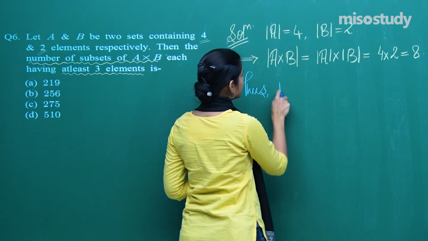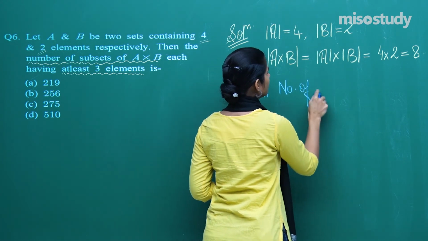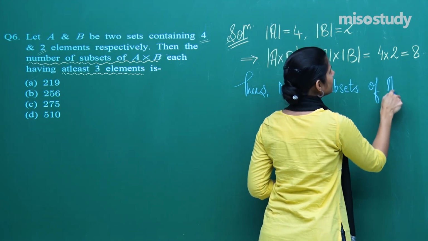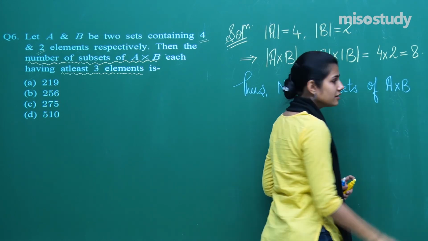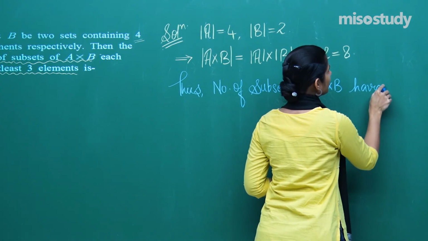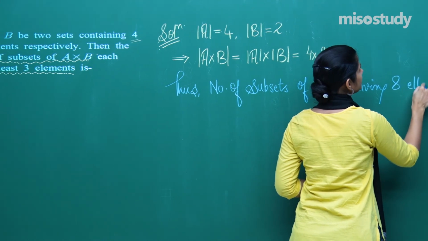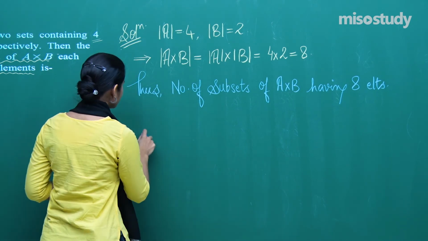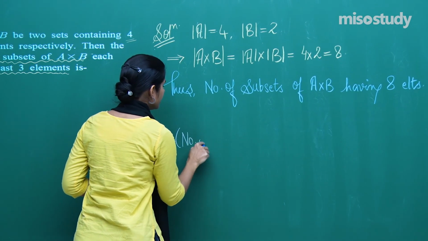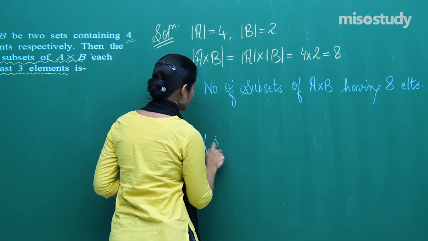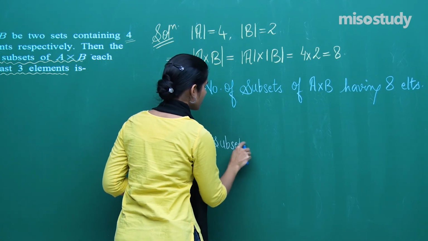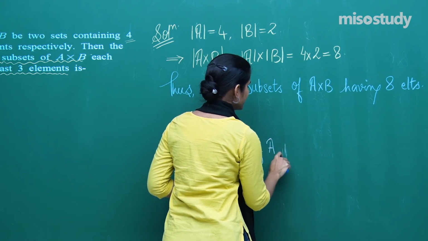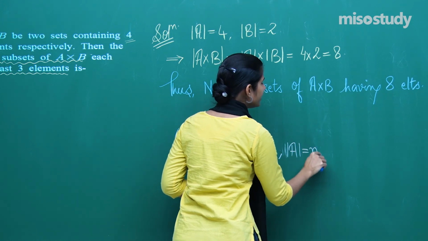So, if A has 4, B has 2 members, A cross B has 8 members, and thus number of subsets of A cross B having 8 elements is what? Well, I know the rule that number of subsets of set A such that cardinality of A is given to be n.